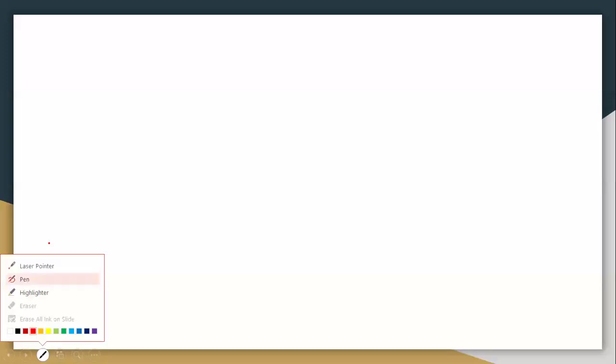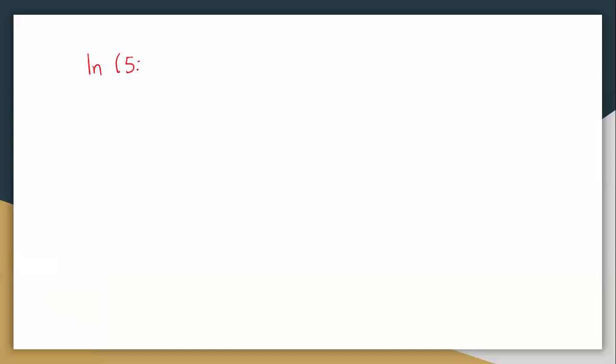We have our function as ln of 5x minus 4. Let y equal ln of 5x minus 4.